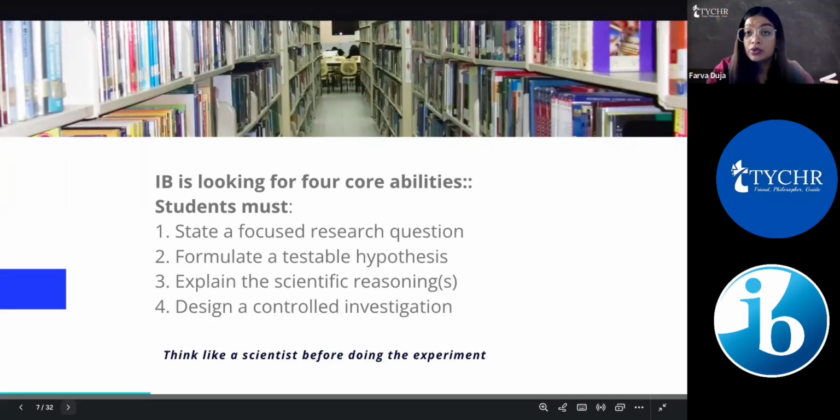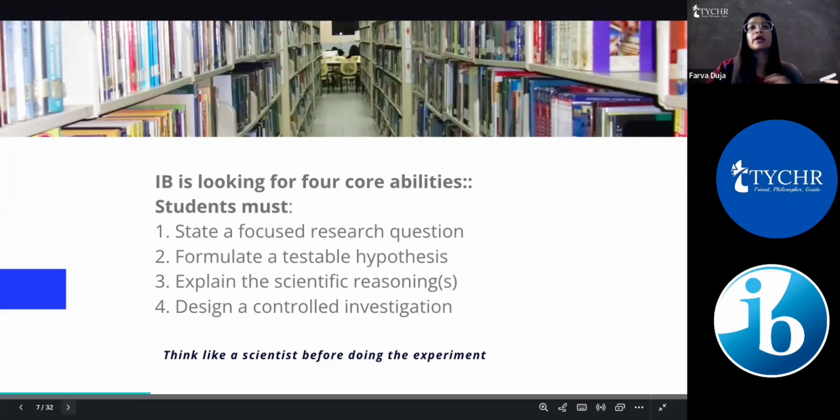When you do the investigation, you may find that your hypothesis was correct, or you may find that it wasn't. But in order to know that, the first thing you need is a testable hypothesis. You also need to explain with your hypothesis why you think so. There should be some scientific backing to the expected result.